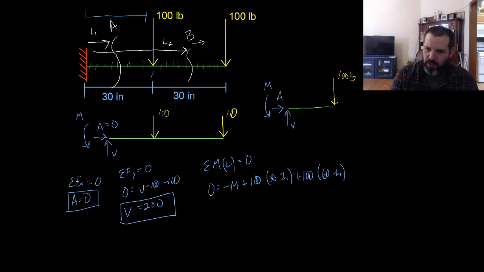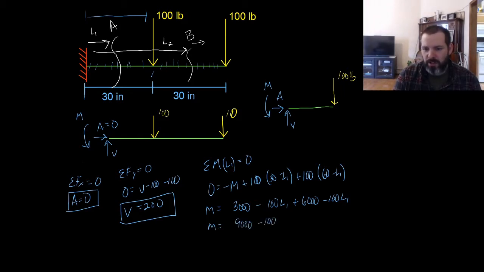In this case, our moment is a function of L1. The axial is not and the shear is not. So our M will equal 3,000 minus 100 L1 plus 6,000 minus 100 L1. So our moment is going to equal 9,000 minus 200 times L1.